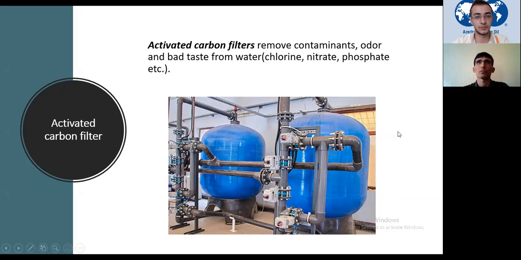It's mostly used for tap water for daily usage. But we also use this unit before the mixed bed to purify our process water. Then we use it in a process aim, not for washing or tap water.